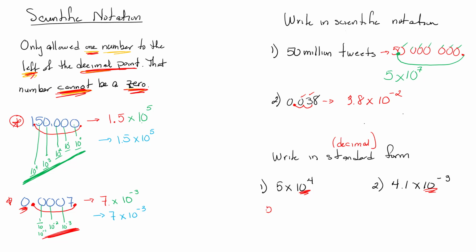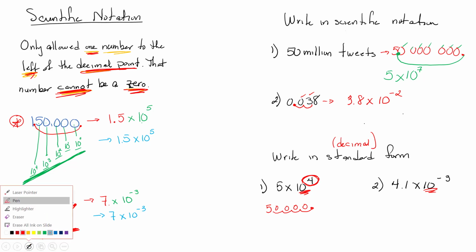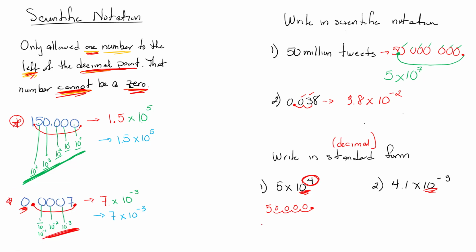So I have 5, and my decimal point is to the right of that 5, but I need to move to the right to get rid of this power of 4. 4 places to the right, and I have empty spaces, which means you get to fill them in with zeros, because 0 is my placeholder when it comes to numbers, which means your final answer would be 50,000. Remember, I moved to the right because this original power said I moved to the left.